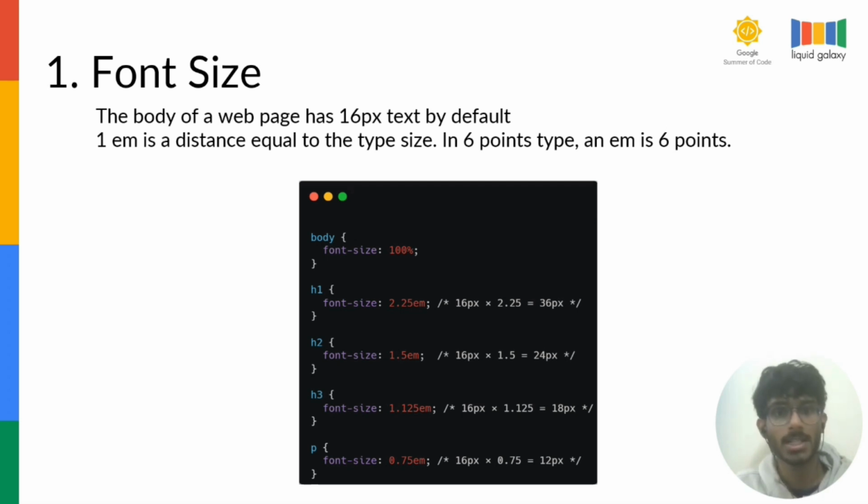The em is a true typography unit and was recommended by W3C from the outset of CSS. Em is a relative unit and acts as a multiplier based on the parent element. As for example, H1 is equal to 36 pixels, H2 is 24 pixels, H3 goes for 18 pixels, and the paragraph is 12 pixels.